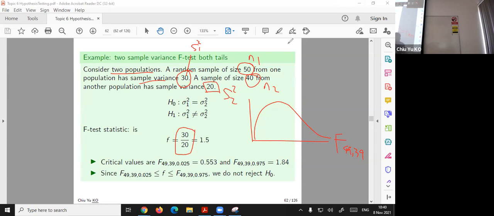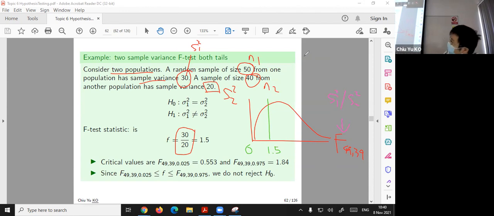The idea is very simple. Remember, this is S1 square over S2 square. Look at the data, what you have. This is 0, and the data is 5. Sorry for the writing, because this screen is not really easy to write on.